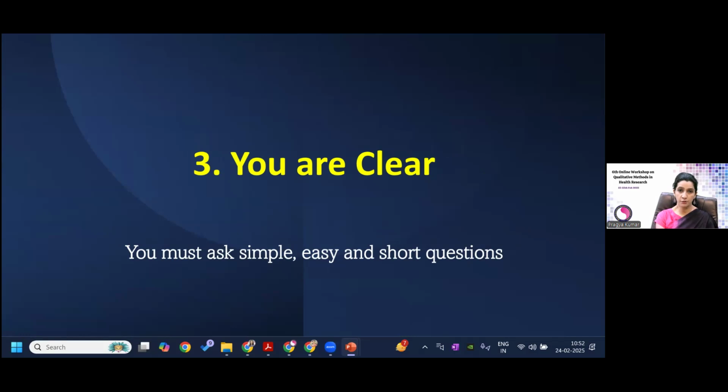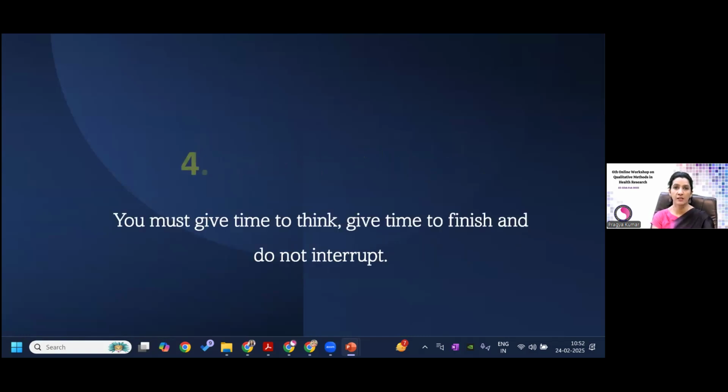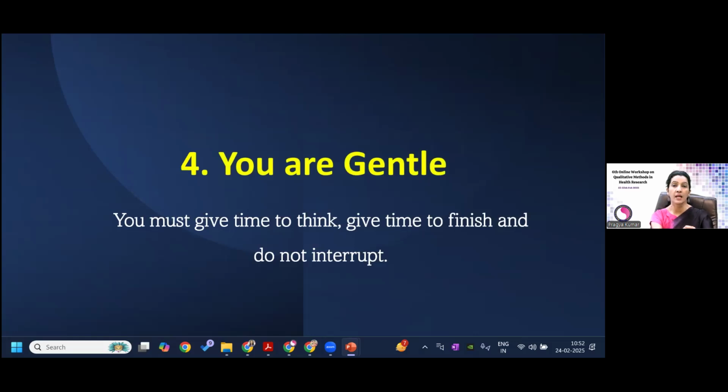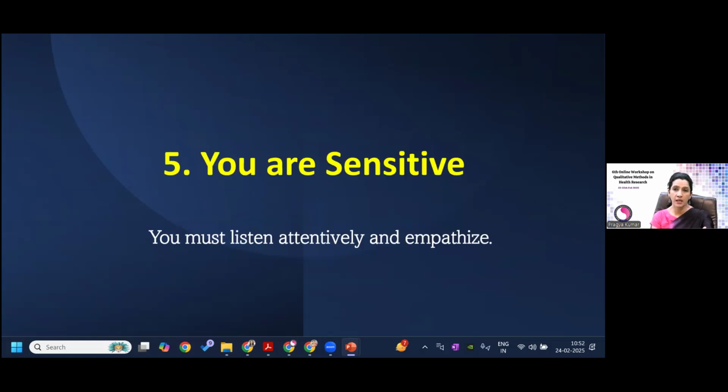Please ask short questions, because you don't want to put cognitive load on them with very lengthy questions. And you are gentle and patient: you give participants time to think, you wait for some time, you don't interrupt in between, and you are very sensitive.